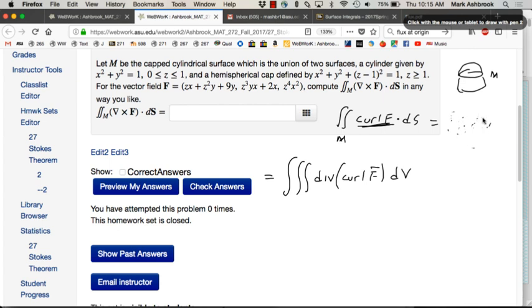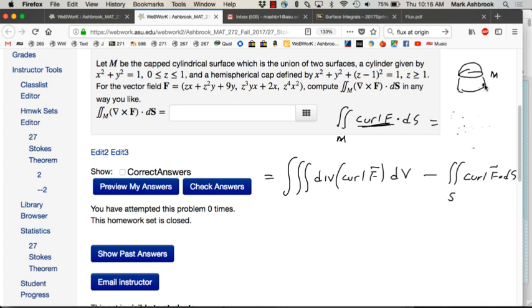But could I use the divergence theorem to help us get that surface integral? What would I do? Andrew? Subtract the flux out of the bottom, right? Because the flux through M plus the flux through the bottom disk would equal the divergence integral, because that would be a closed surface. So I can calculate this by subtracting the flux of the curl of F dS out of the bottom disk.